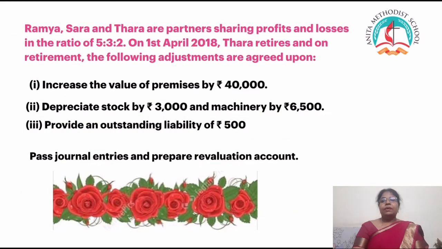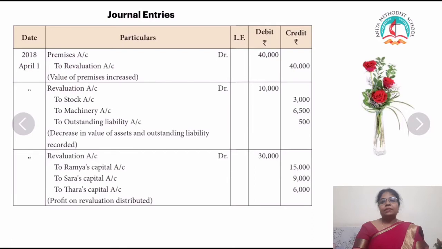Children, we have to record the journal entry. The first step is that you have to write the format: date, particulars, debit, credit. So the first journal entry is for increase of the value of premises. It is 40,000. So premises account, that concerned asset account, debit to revaluation account.